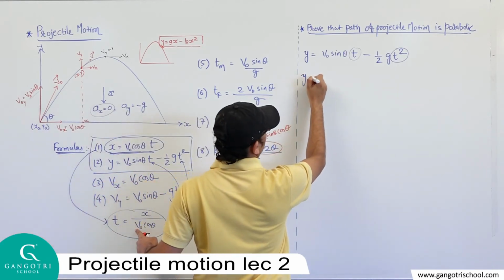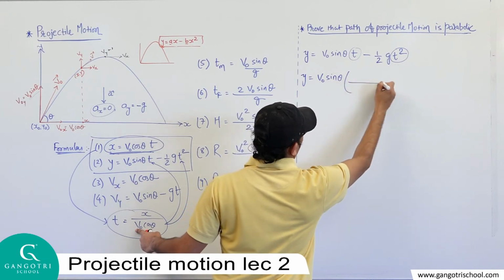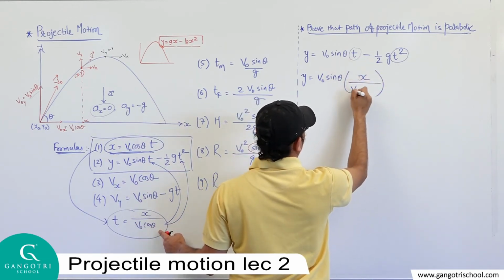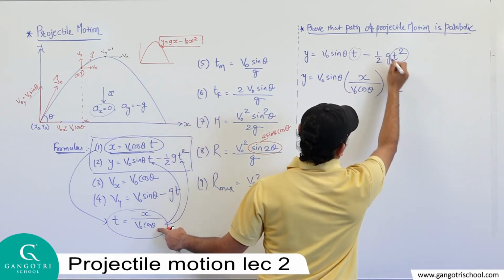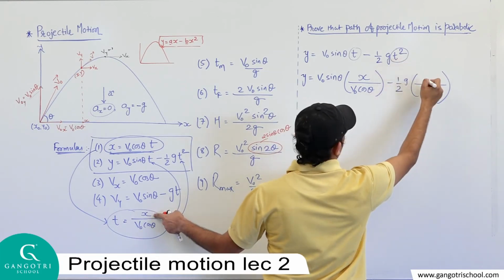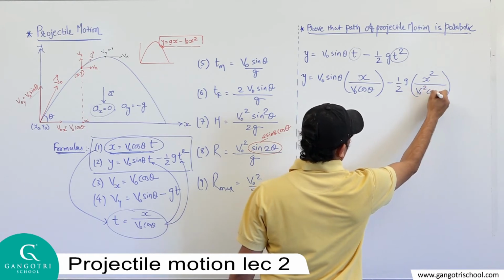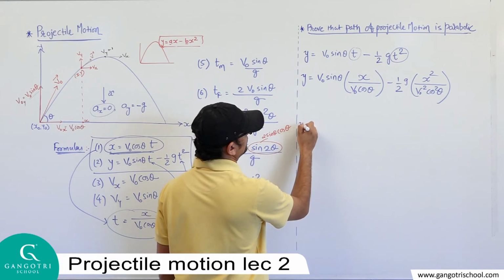So y equals V0 sin theta, but instead of t I will write x upon V0 cos theta, minus 1/2 g as it is, t square means x square upon V0 square cos square theta. Now I am going to arrange this equation.